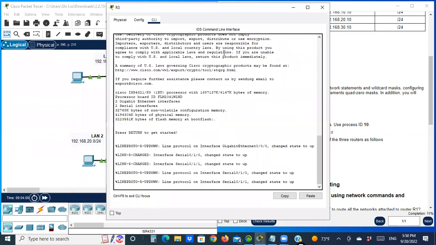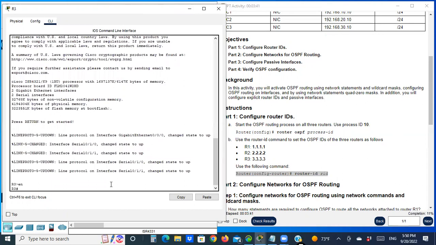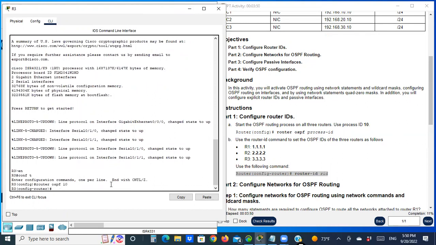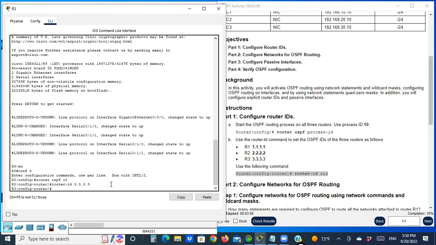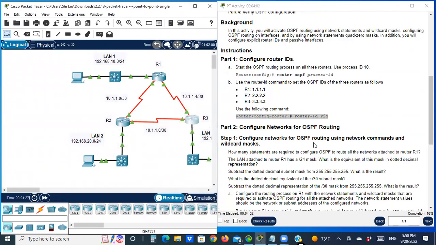Keep going and finish R3. Enable, configure terminal, router ospf 10, router-id 3.3.3.3. All right, so we finished part 1.